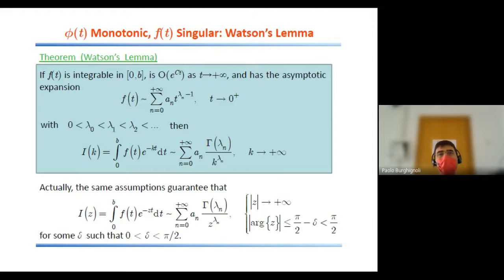Now, this Watson's lemma says that if you have a function f, integrable in a neighborhood of the origin, so between 0 and some number b, and if this function behaves well in a neighborhood of infinity, so it grows not faster than some exponential function, e to ct, say.